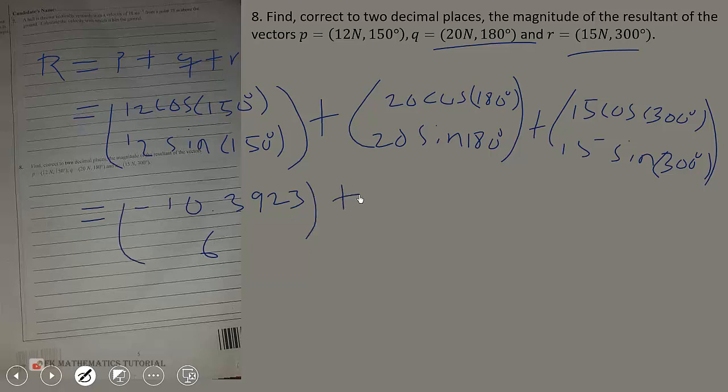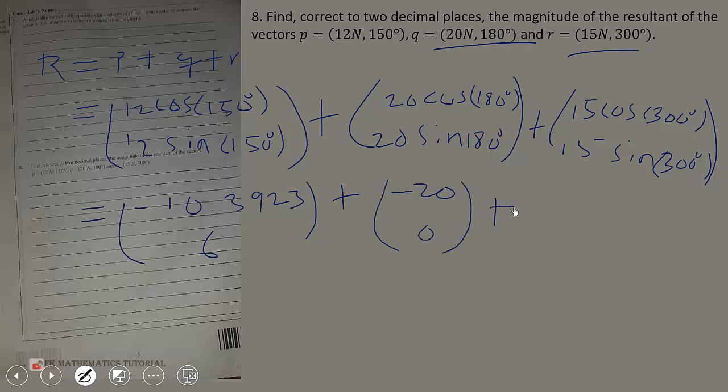Then 20 cos 180 will give us negative 20. Then 20 sine 180 is 0.